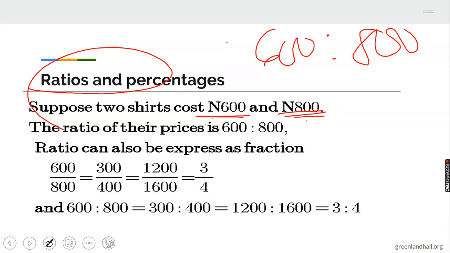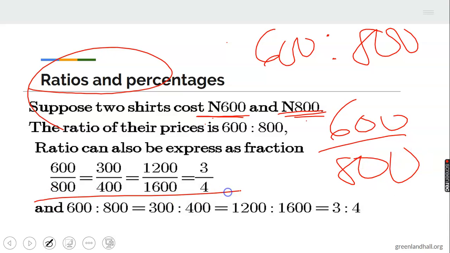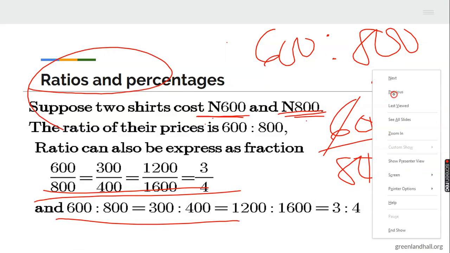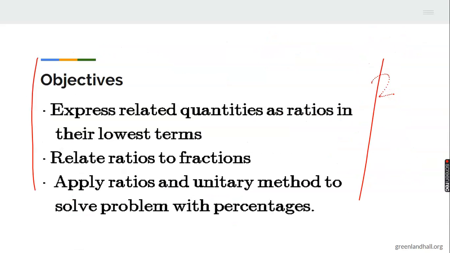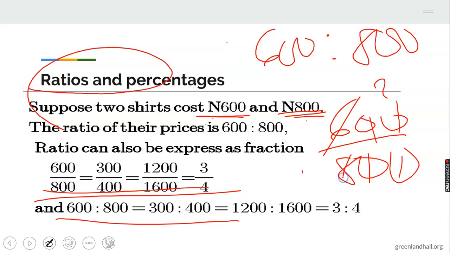We can also express ratio as a fraction, like 600 over 800, like you have here. It's either you express it this way or this way. From there, you can divide: 600 divided by 200 is 3, and 800 divided by 200 is 4.